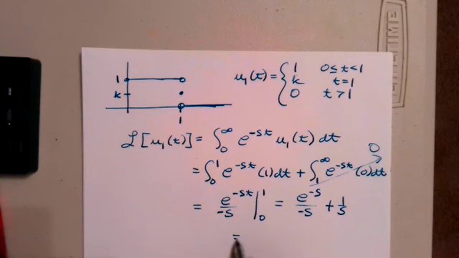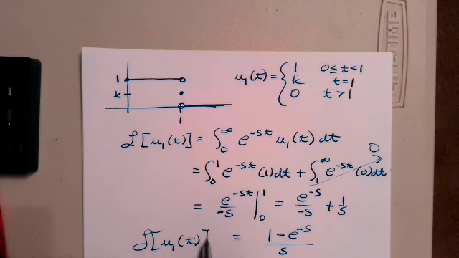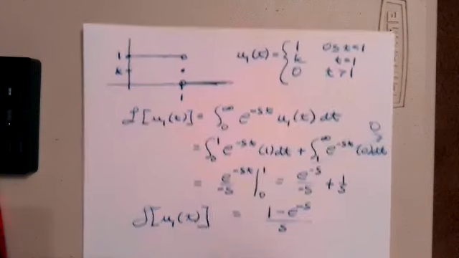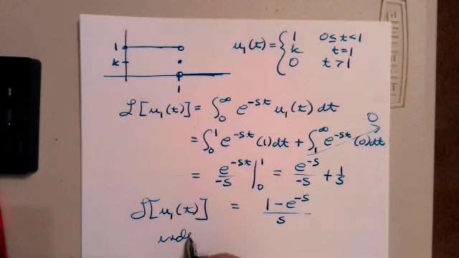So this becomes 1 minus e to the minus s divided by s. So that's the Laplace transform of this function. Okay. And you see, it's totally independent of the value of k. Okay. So k doesn't make any difference at all in that.